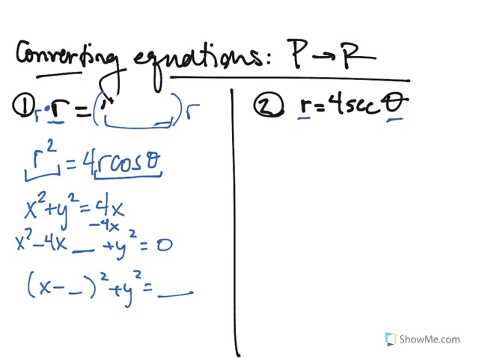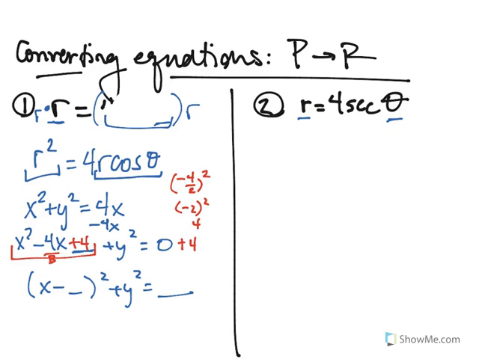To complete the square, we have to do b divided by 2 squared. So off to the side, I'm going to do negative 4 divided by 2 squared. Well, negative 4 divided by 2 is negative 2. Negative 2 squared is 4. So I'm going to add 4 to both sides. When I add 4 to both sides, I now am going to do my perfect square on the left-hand side.